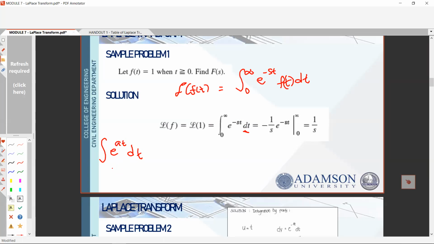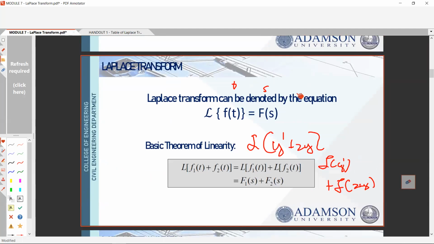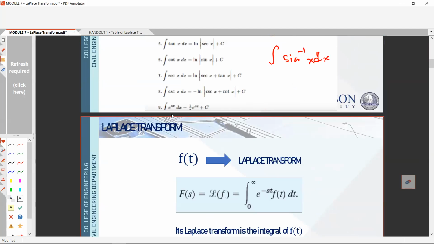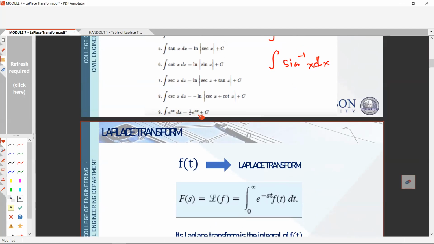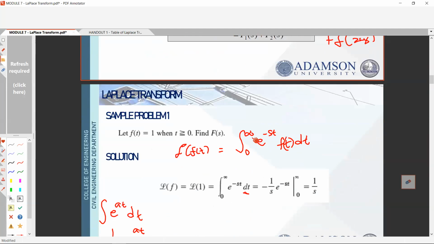Ang integral niyan is 1 over a, kung ano yung constant mo, then copy as is, plus c. Or wala nang plus c kasi definite integral 'to. Tingnan natin dito kung nakakalimutan nyo: integral of e raised to ax dx is equals to 1 over a e raised to ax plus c. So the same lang.